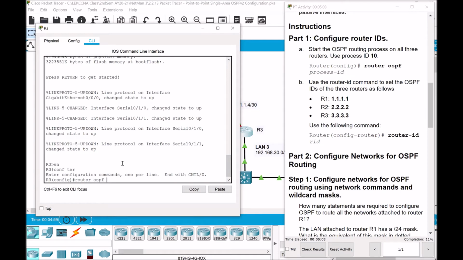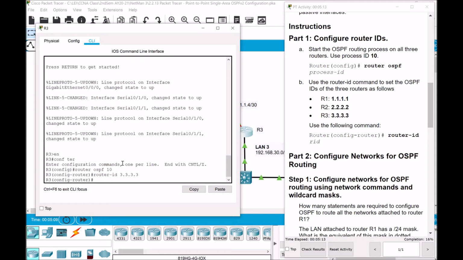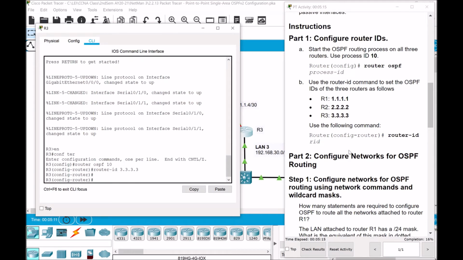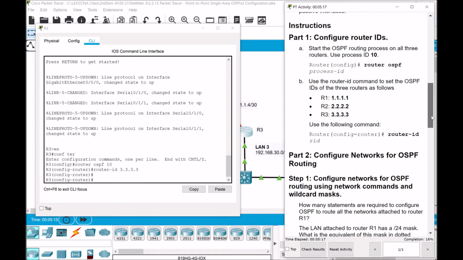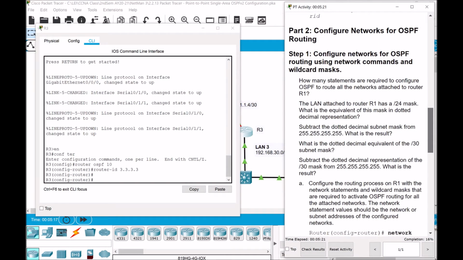Router ospf process ID 10, then router-id. For the third one, it's 3.3.3.3. Alright, so we're done with Part 1, and continuing to Part 2, we have the following steps.